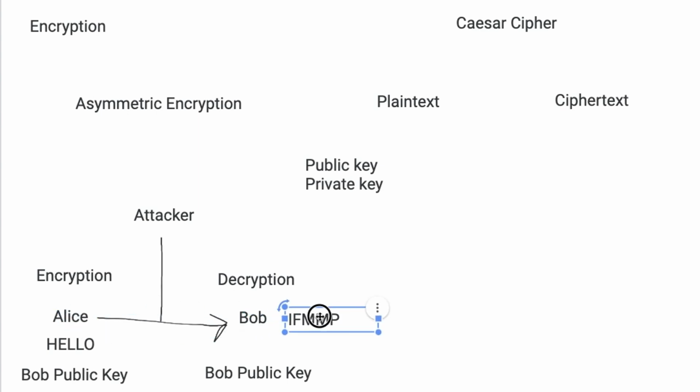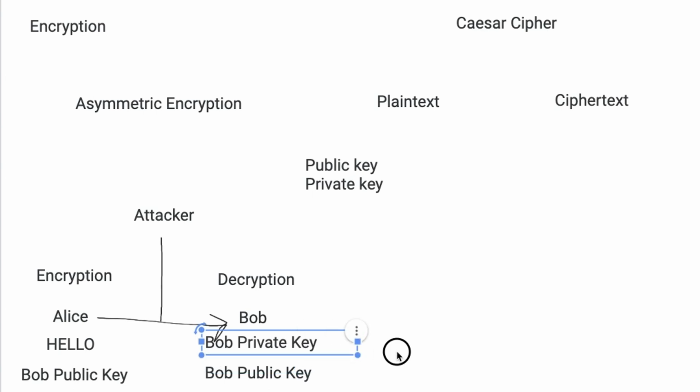This is sent to Bob, and it is decrypted with the decryption key, which is the private key. This is the key that only Bob has. Not even Alice has it. Nobody else needs it to send encrypted messages to Bob, because in this process, only the public key needs to be used to send messages over to Bob.